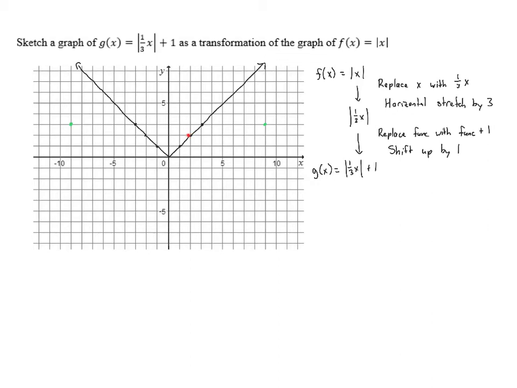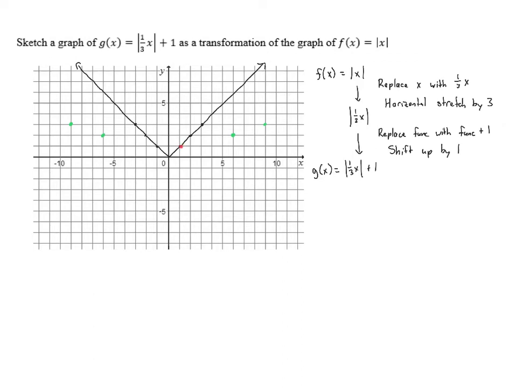Next, we can look at this point. It's 2 units away from the y-axis. If we stretch that horizontally by a factor of 3, it's going to end up 6 units away from the y-axis. And the same is true for this point on the left. Instead of 2 units to the left, it's going to be 6 units to the left, so it's going to go right here.